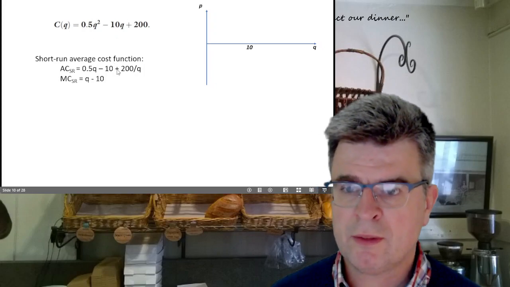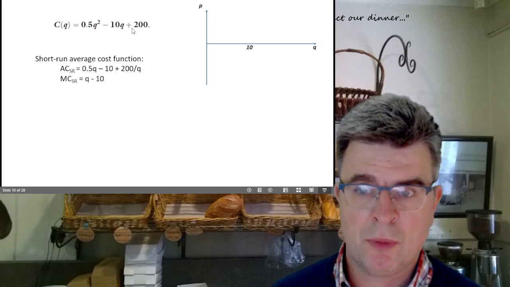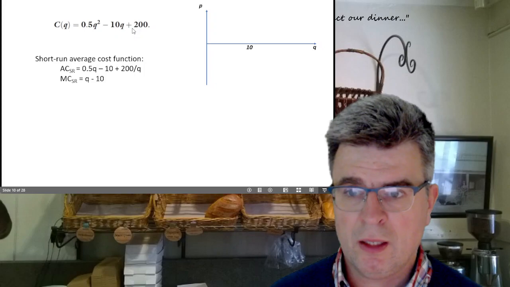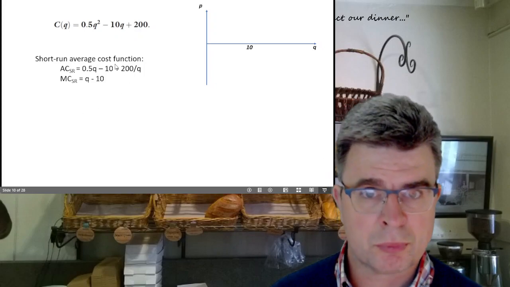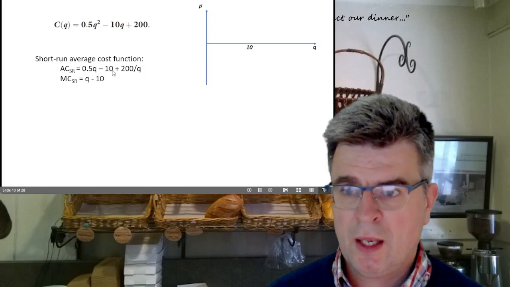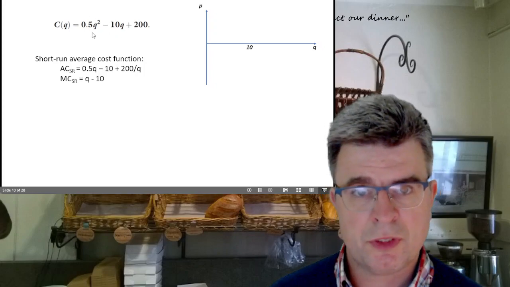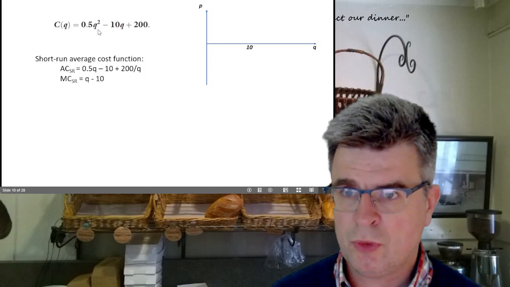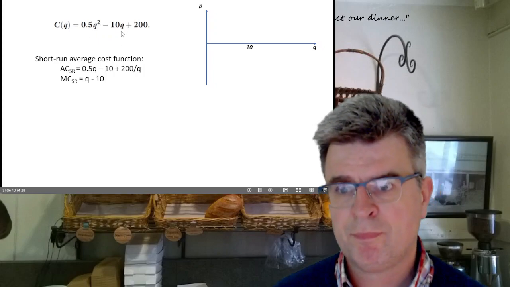We can see that if we produce 0, our cost is equal to 200. If we start to produce, then our average cost of production starts to decline. Now, the marginal cost is the derivative of the cost function with respect to Q. Doing that, we get Q minus 10.